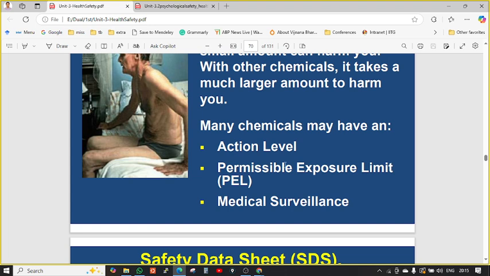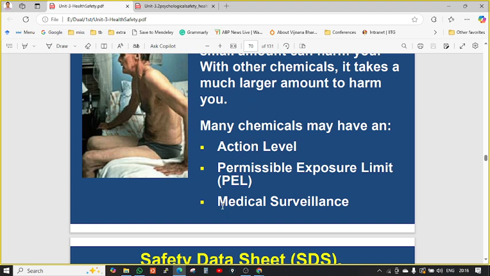So you have to know the permissible limit up to which we are not going to be injured. And if it contacts your body, what is the next step, how to handle these things, this you also have to know.